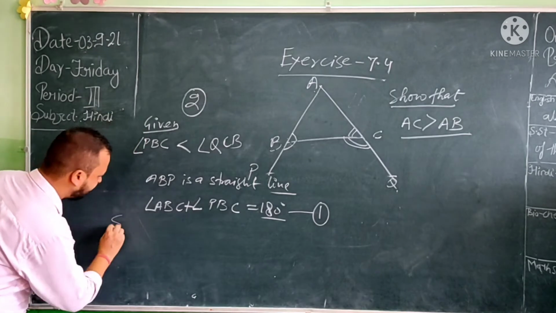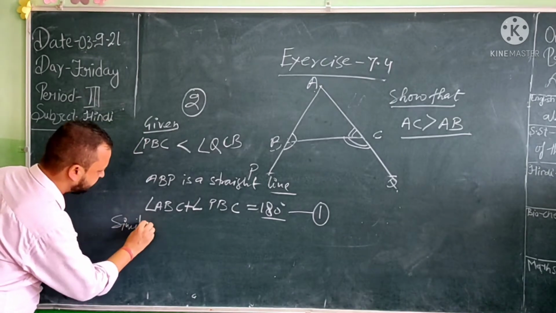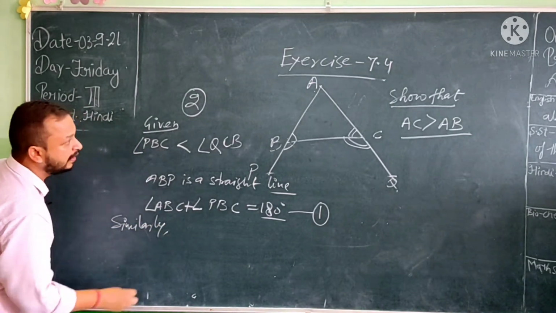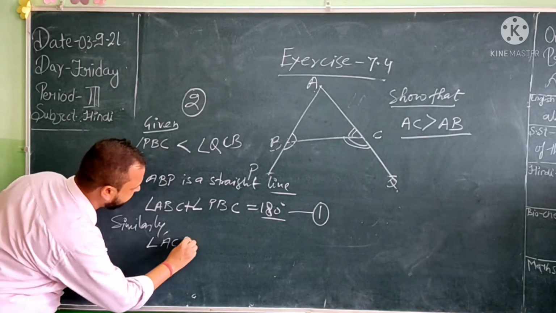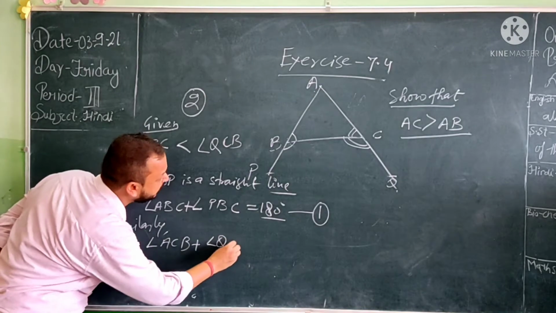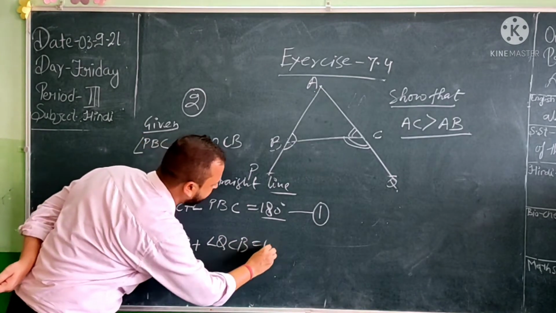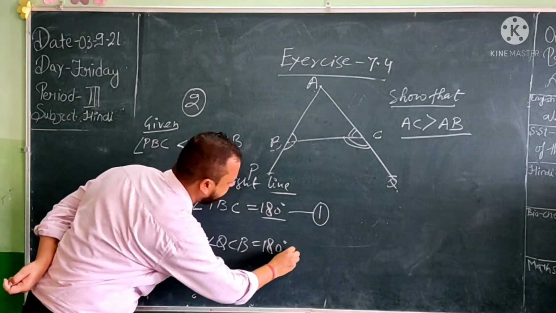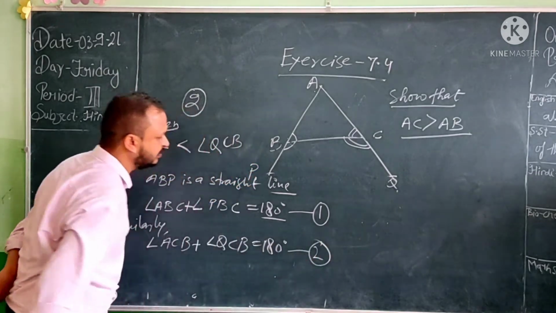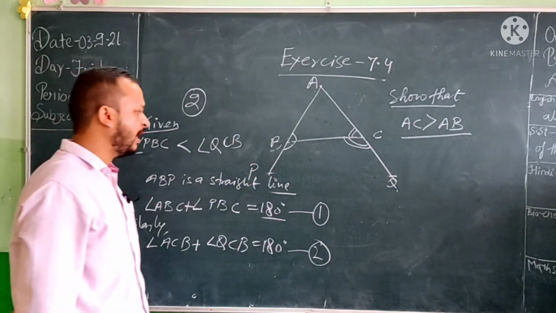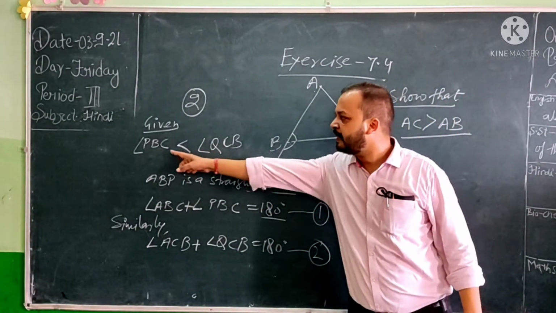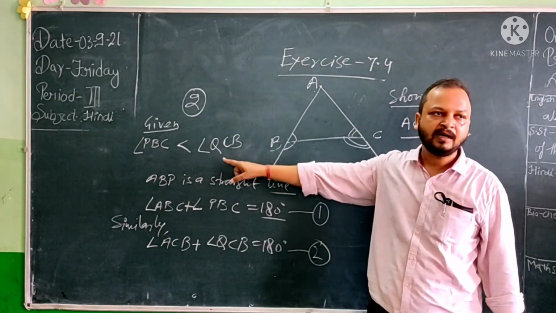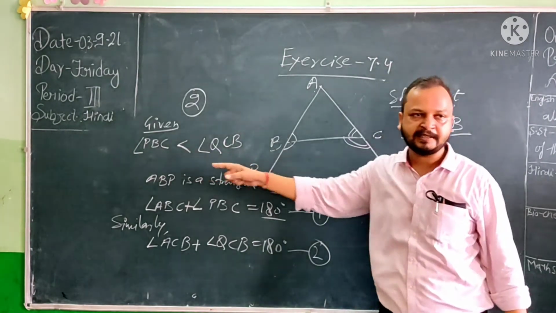So similarly we can say that angle ACB plus angle QCB is equal to 180 degrees. This is equation 2. Now here it is given that PBC is smaller than QCB, or QCB is greater than PBC.